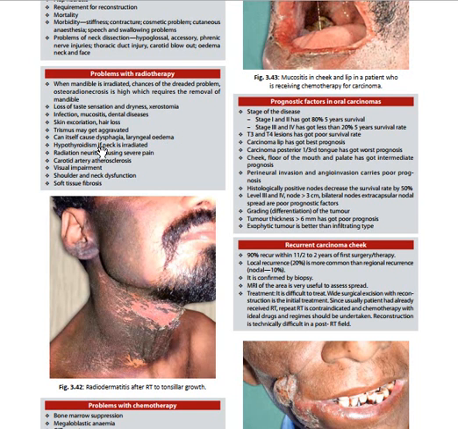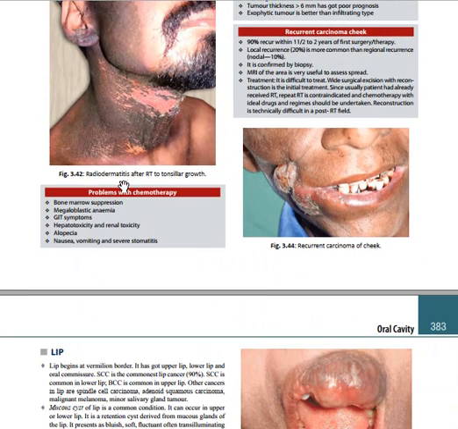You have hypothyroidism when the neck is irradiated because your thyroid tissue is dying. You have carotid artery atherosclerosis because the arch is also dying. Most of these patients may also have visual impairment, shoulder and neck dysfunction, and all that.